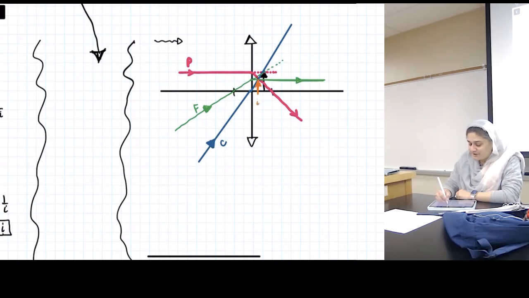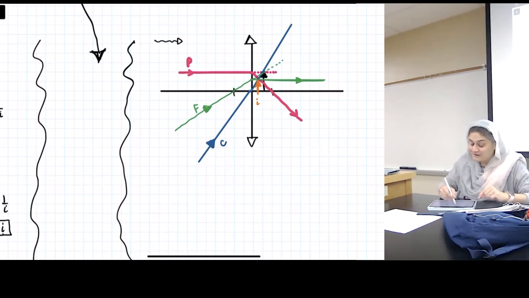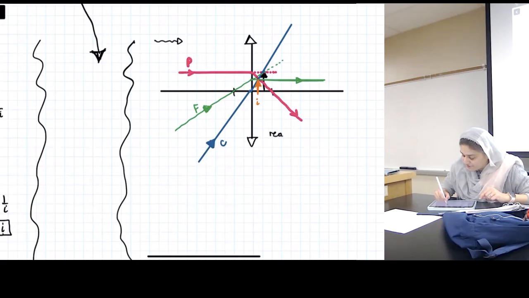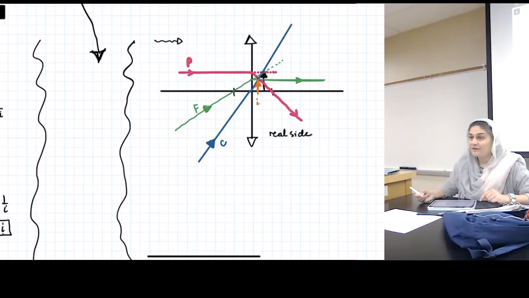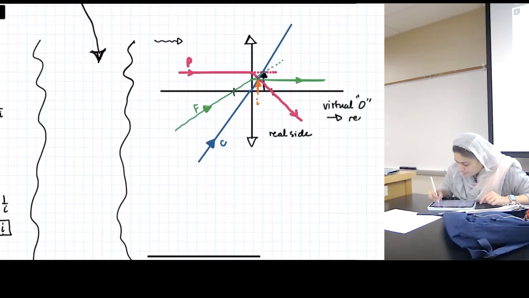And that's where the image will be. Now, is this a real image or a virtual image? It is a real image because this is the real side of a lens. So this is a virtual object that gives you a real image.